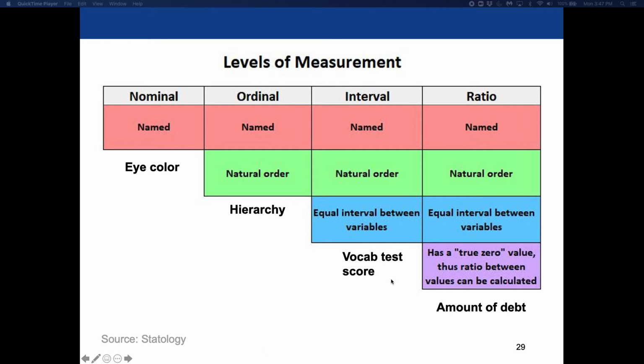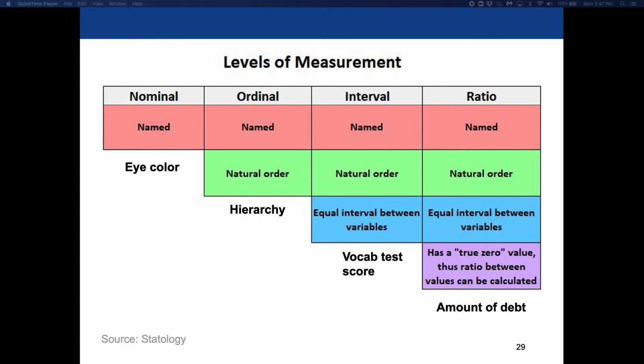So for this, we have a vocab test score. You can't have no vocab ability if we're measuring it within a vocab test score. If you were measuring how many vocab words a person knows, maybe somebody scores 0, but that doesn't mean they have 0 vocab ability. It's just an arbitrary 0. That just means they have a very low vocab ability, but it doesn't mean there's an absence of something.